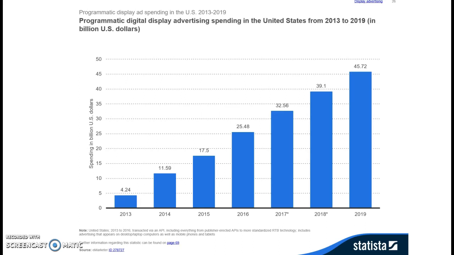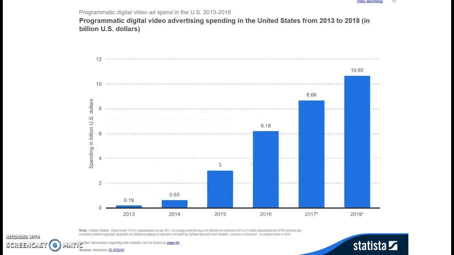And by the way, this is something that other media types are looking at, trying to replicate, just as they've tried to replicate the tracking of results possible with interactive advertising. They're also trying to replicate programmatic buying. And here's programmatic video. You can see the growth.